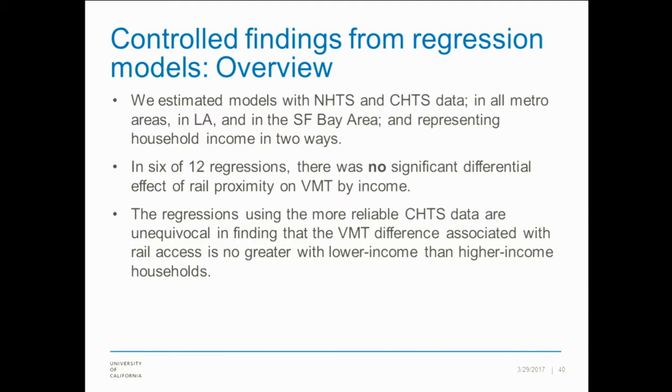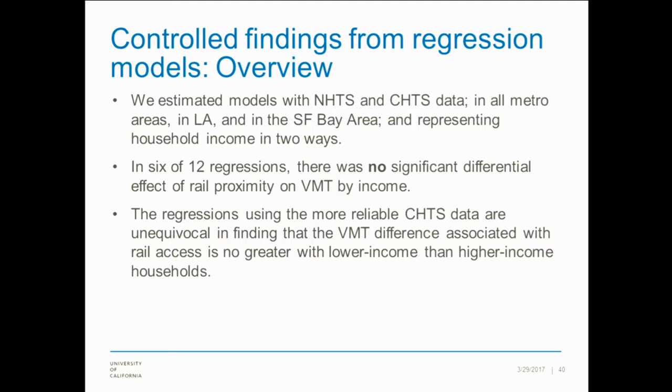So we do have some differences among people with different income levels, but in the CHTS data, either the VMT difference is greater for higher income households, in other words, the reduction associated with rail access is higher for higher income households, or it's no different than the VMT difference for lower income households.